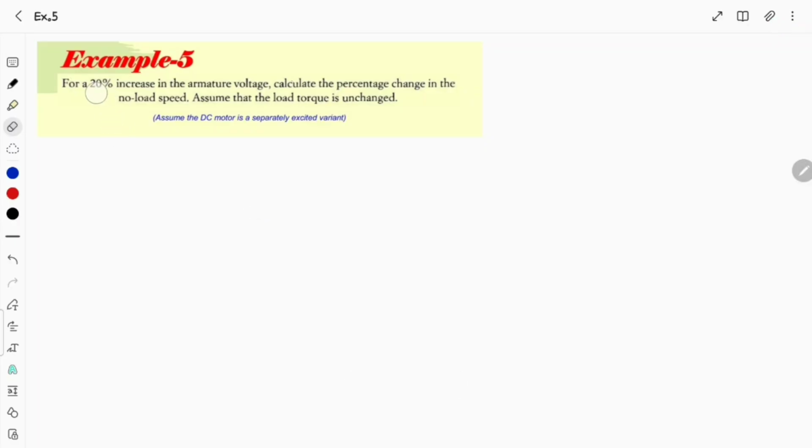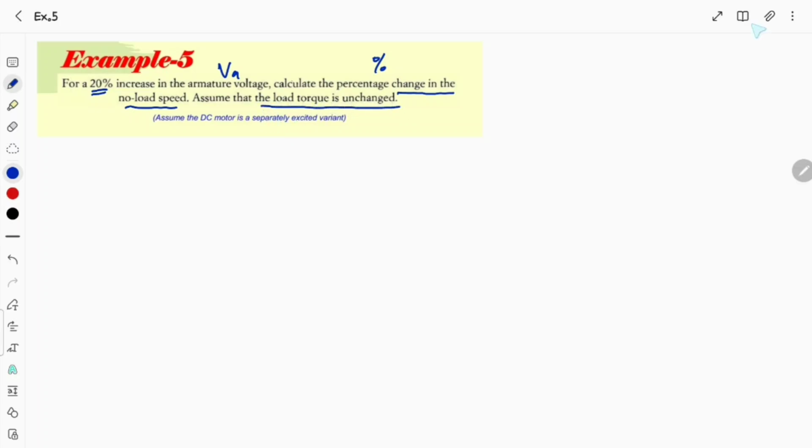For example 5, it says that for a 20% increase in the armature voltage, so this is your VA, calculate the percentage of change in the no load speed. Assume that the load torque is unchanged.